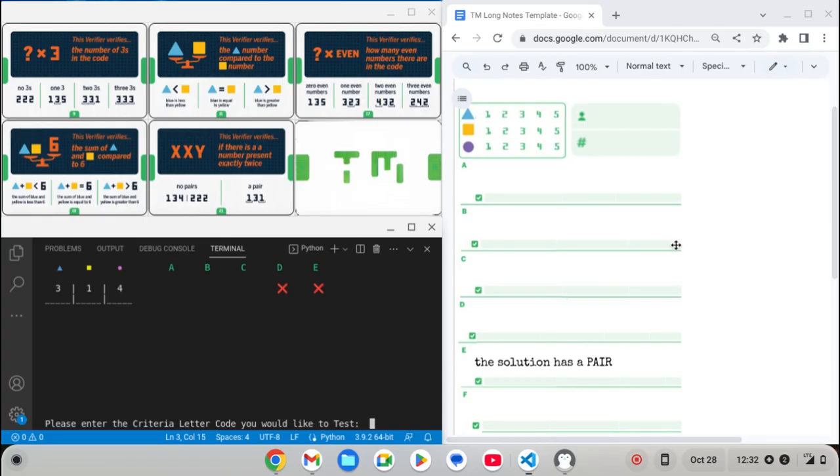So let's go ahead and type that up in our notes in section D. And again, we'll say that triangle plus square must be either equal to or greater than 6.